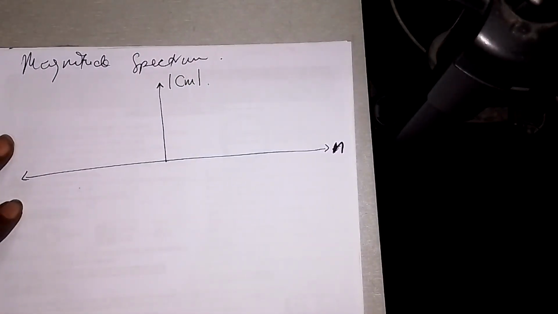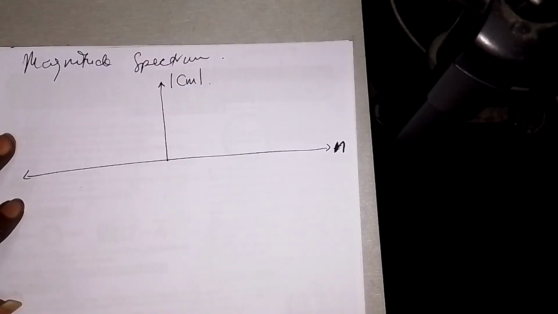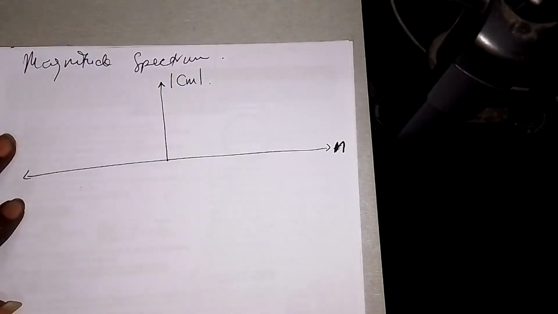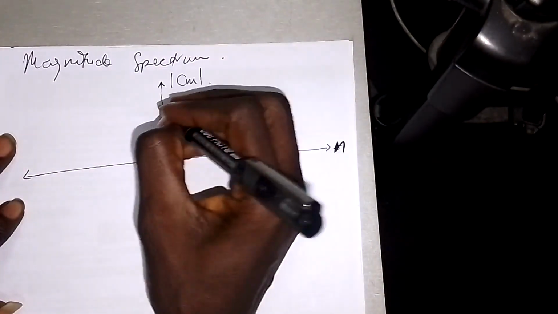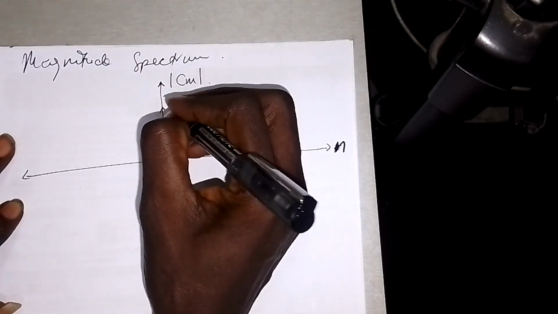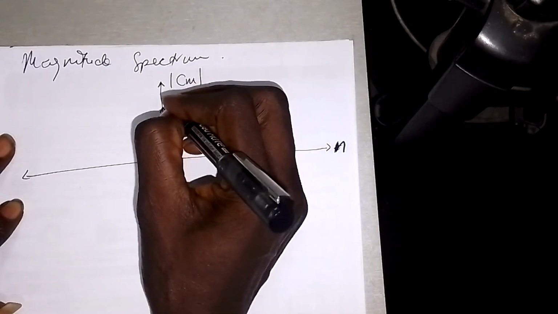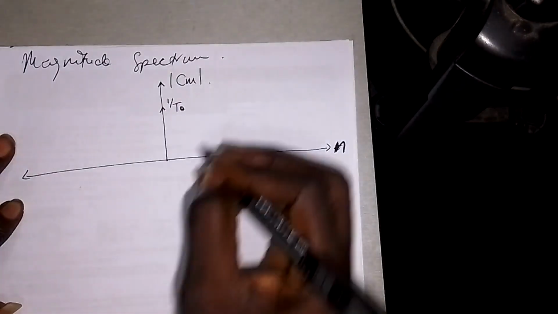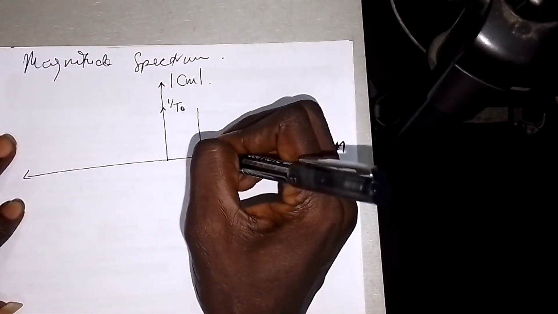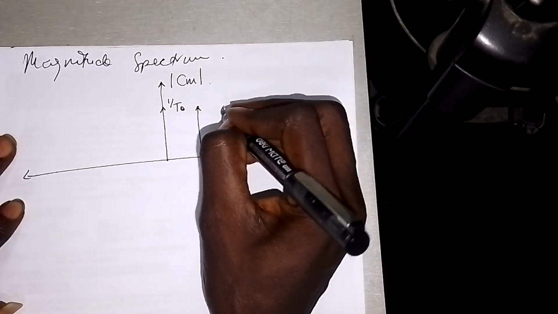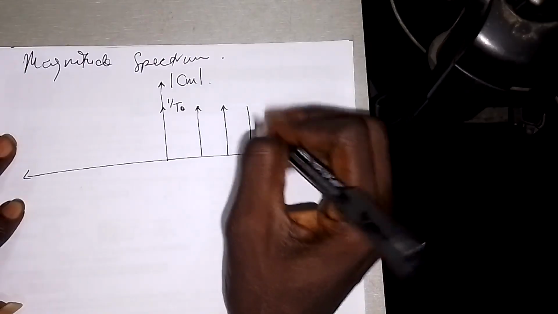It's an impulse train, and impulse train lines have the same height. Cm was 1 over T naught, that was the value of Cm that we got, so everything will be the same height, because it's an impulse train.